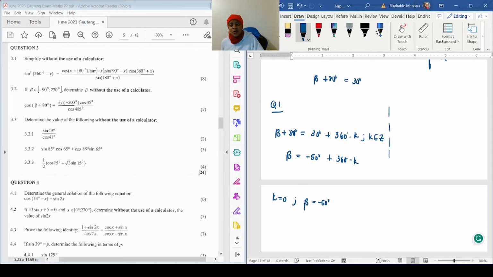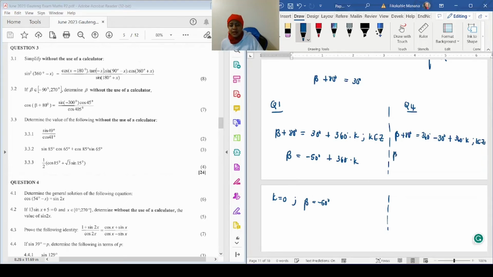Now let's look at quadrant 4. I'm going to try to squeeze things in here. So I have beta plus 80 is equal to 360 minus our reference angle, which is 30, and then plus 360 times k, where k is an element of integers.